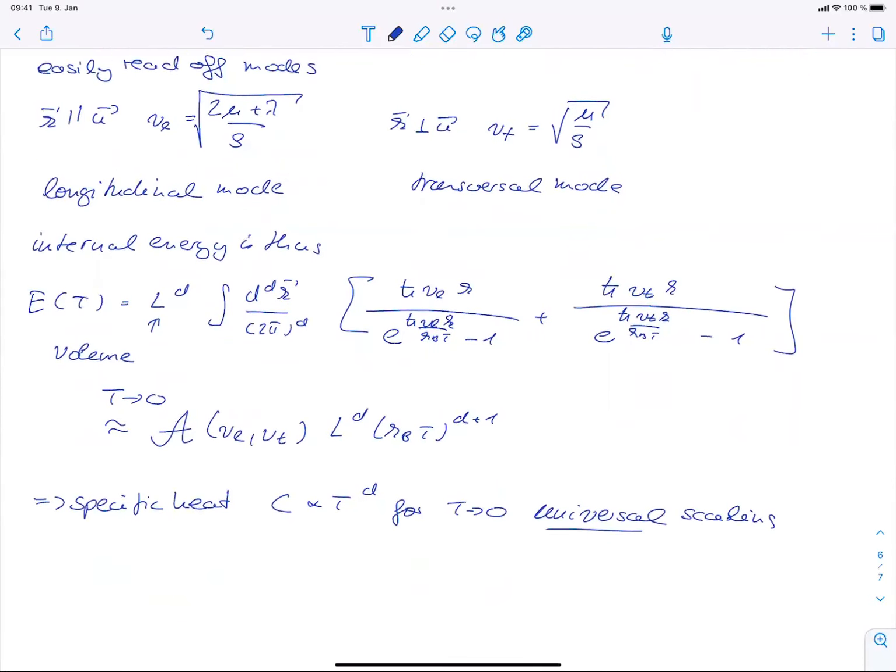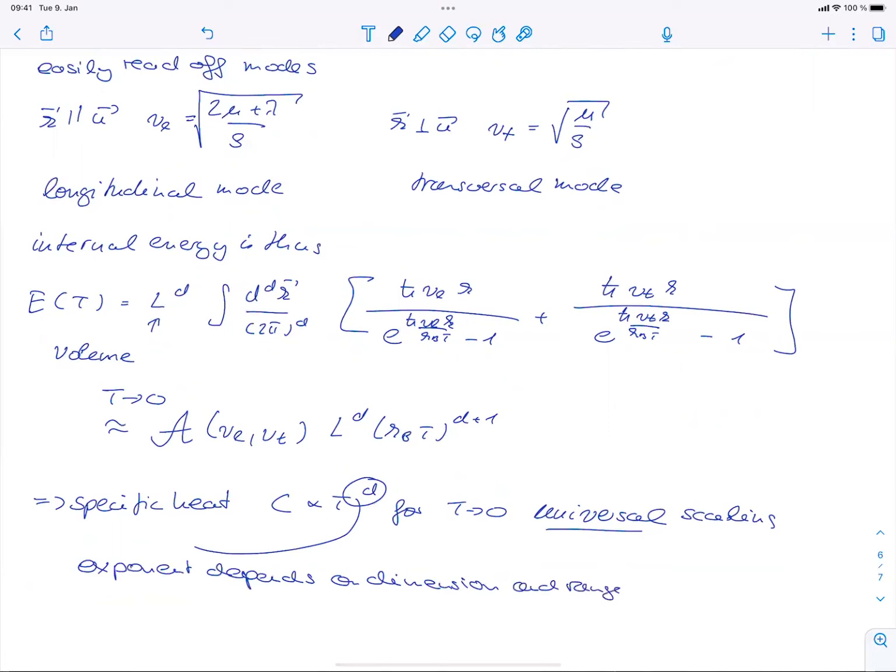And this exponent really depends on dimension, and the assumption that we made here, obviously the range of interaction.